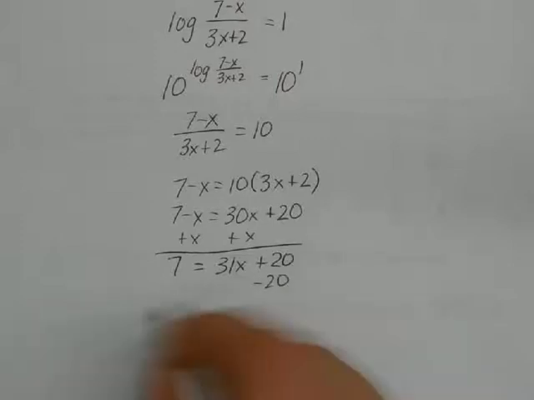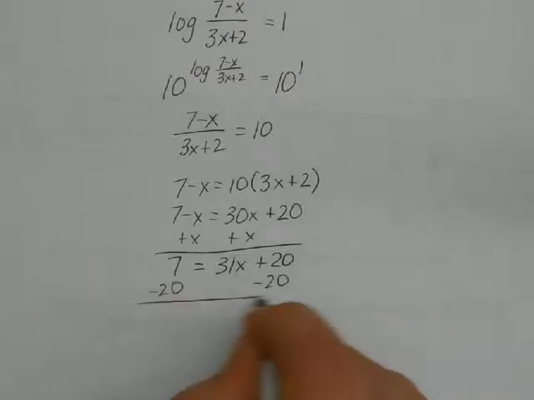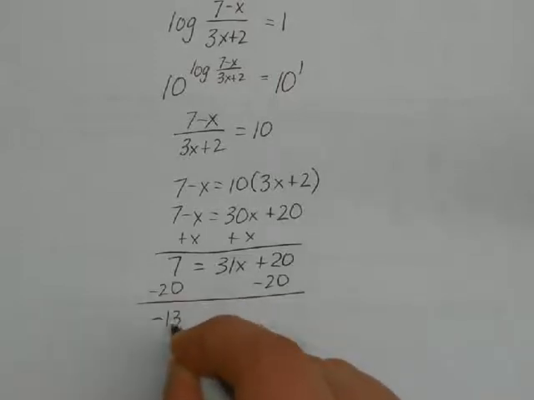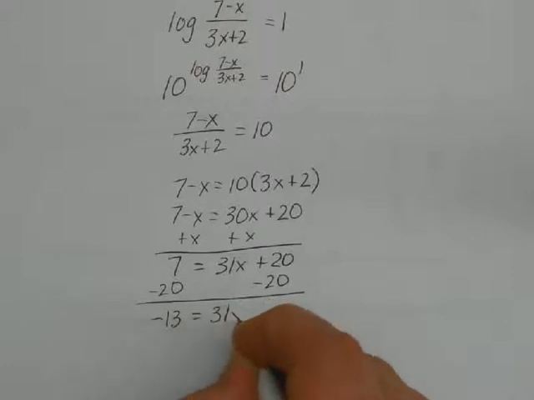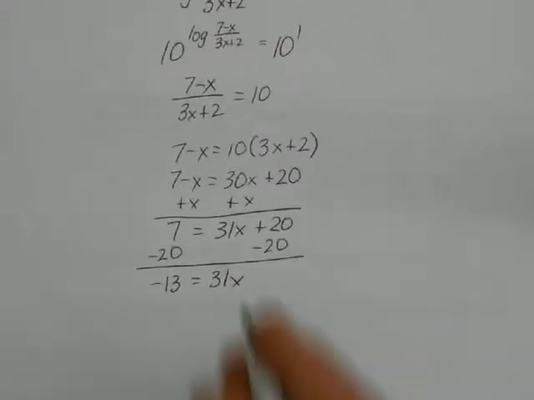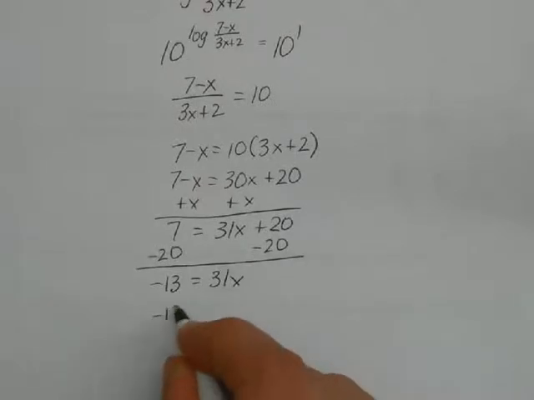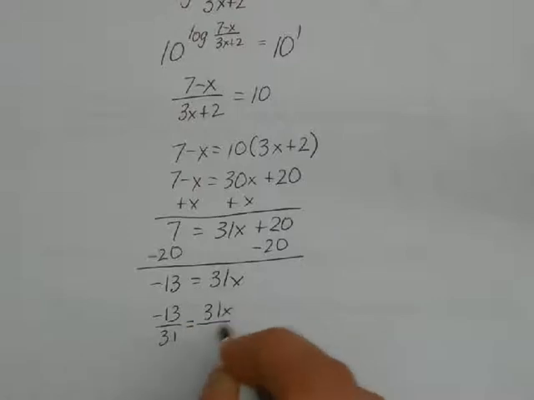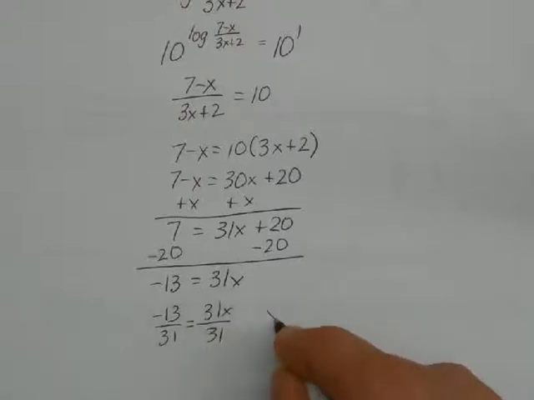Go ahead and subtract 20 from both sides. Negative 13 equals 31x. So we get x equals negative 13/31.